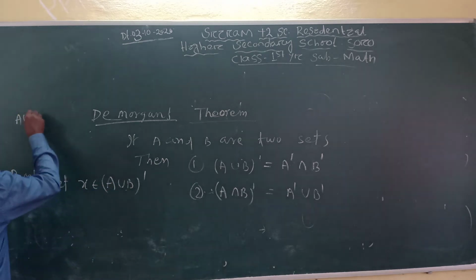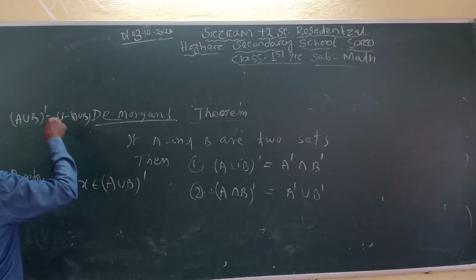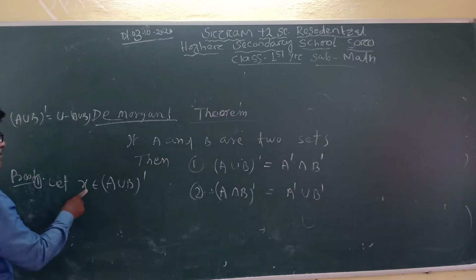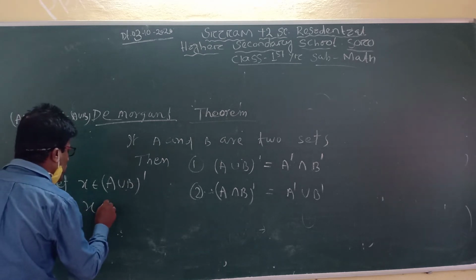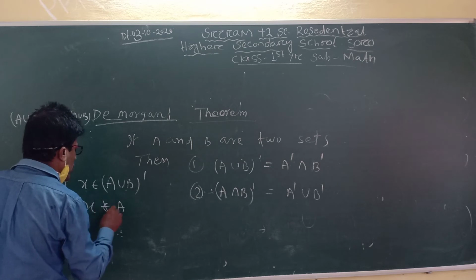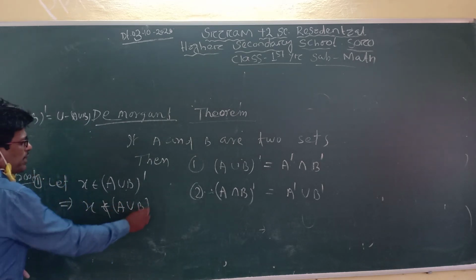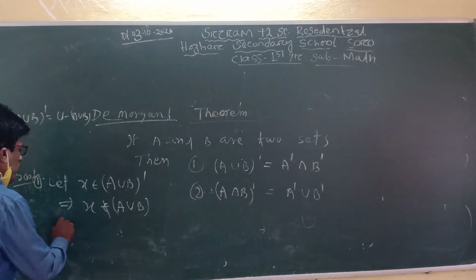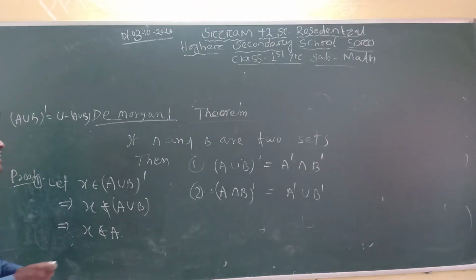What do we mean by (A union B) complement? That is U difference (A union B). The element that belongs to A union B is not in the complement, so x does not belong to A union B. For example, x does not belong to A.